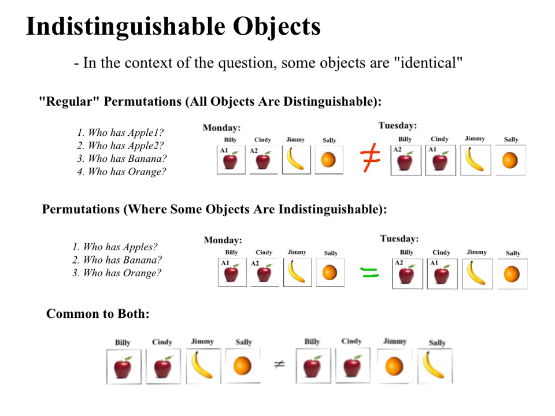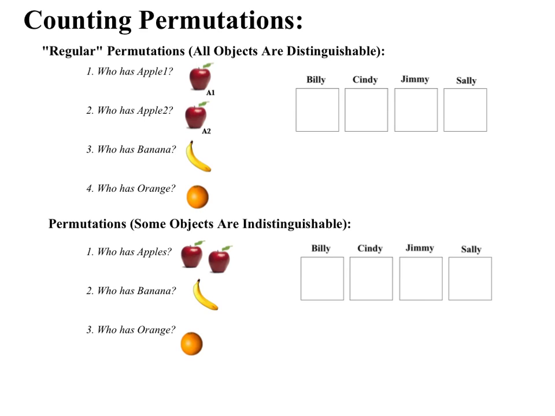And so that's the main concept of indistinguishable objects. It's obvious that, common to both scenarios, if you were to flip 2 objects that were of different types, in this case we flipped the orange and the banana, then obviously that's not equivalent. So now let's quickly go through and count and see how this actually makes a difference.